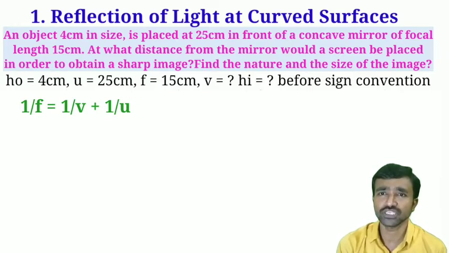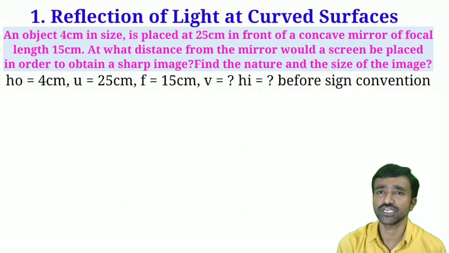Before using this formula, I will note down the information given in the problem: height of the object h naught is 4 centimeters, object distance u is 25 centimeters, focal length is 15 centimeters, and we have to find v and hi, that is the image height.